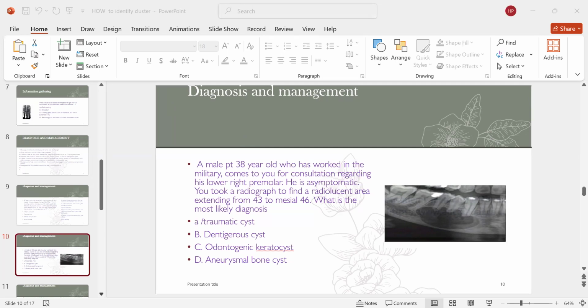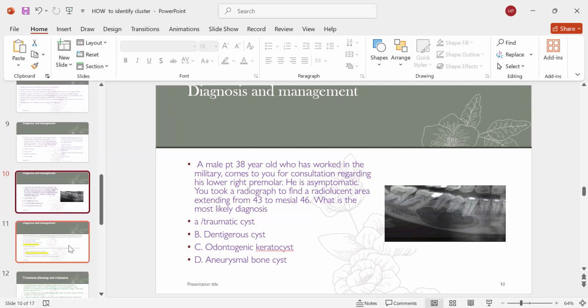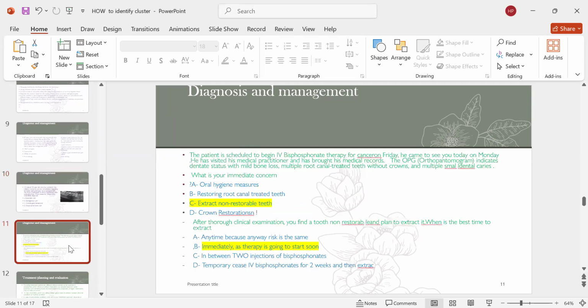Now everyone knows how to catch the keywords. There are two more options. The patient is having IV bisphosphonate therapy. There is an OPG given that indicates mild bone loss and multiple root canal treated teeth without crowns.